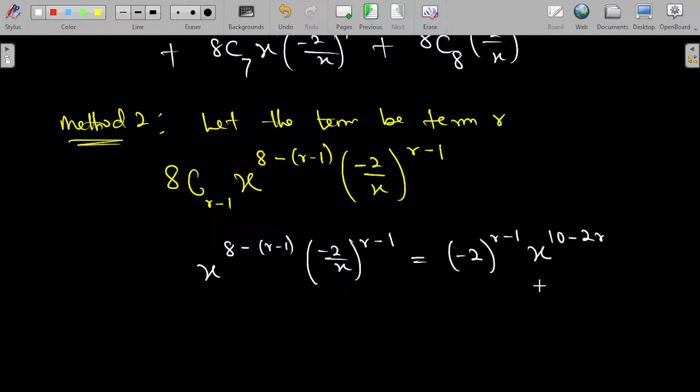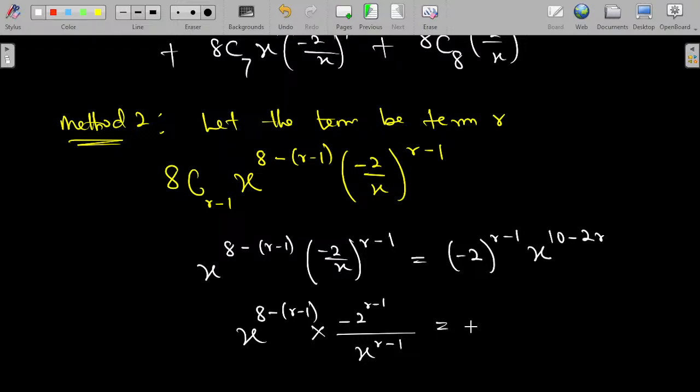And how did they get that? Very simple. If you split this, you are going to get minus 2 to the power of r minus 1 all over x to the power of r minus 1. And remember, it's multiplying this one. x to the power of 8 minus r minus 1 is a multiplication. And of course, this one now is a denominator, so it's dividing this.